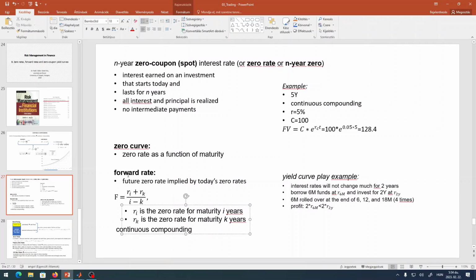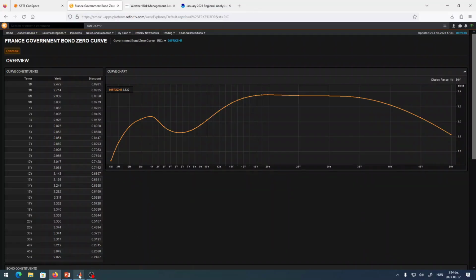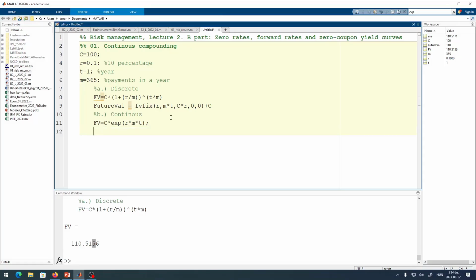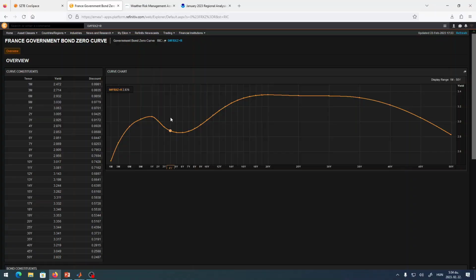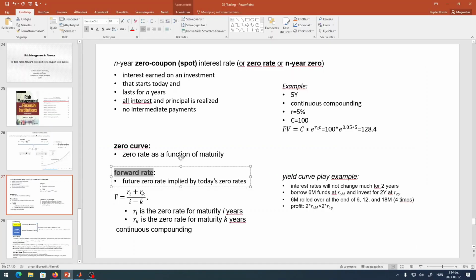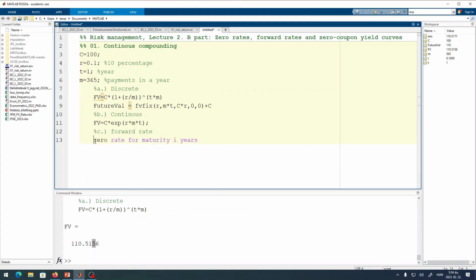So let's say, forward rate. I'm going in the wrong direction. So the zero rate for maturity, let's say 3 years, and 4 years.